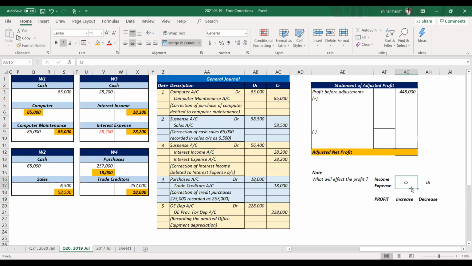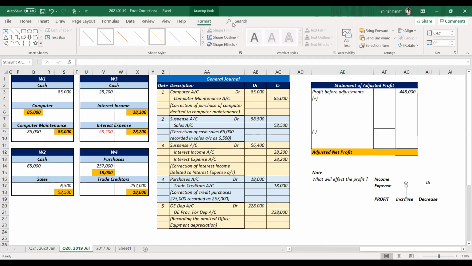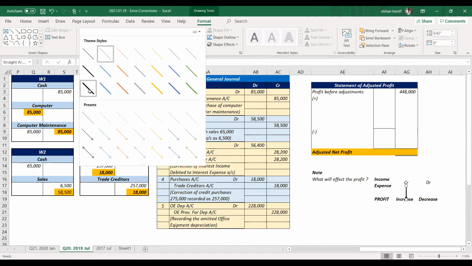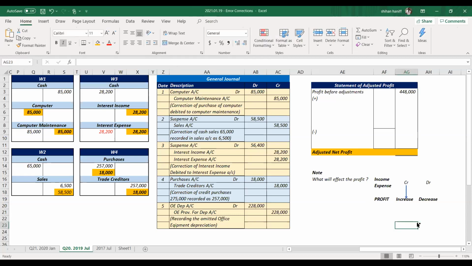Credit means we increase the profit. If it is debit, we deduct the profit. So this is the summary.